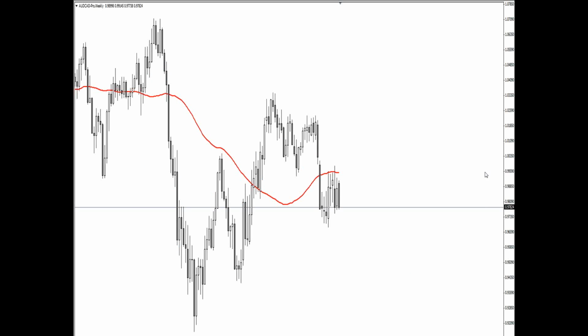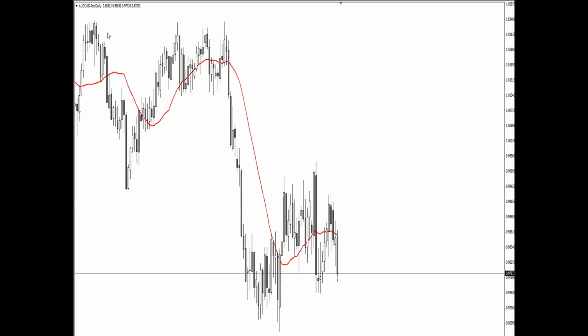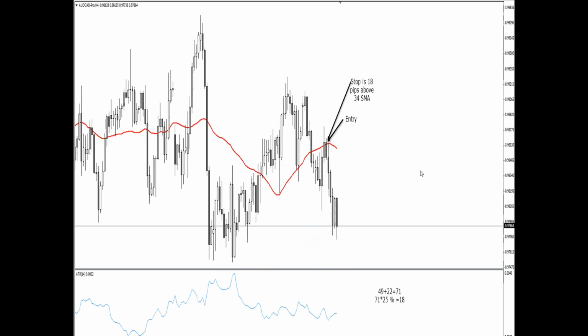So, ODCAT weekly is below the 55 SMA. Daily, price is below the 21 SMA. ODCAT retraced and then closed back. So this is our entry: touch of the 34 and close back.